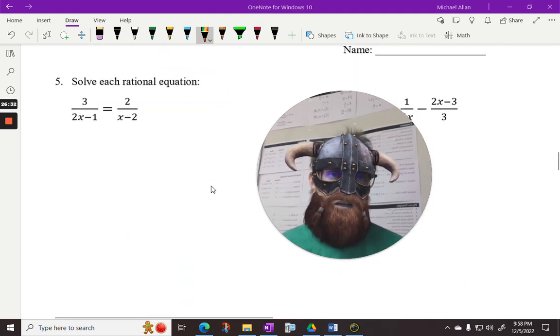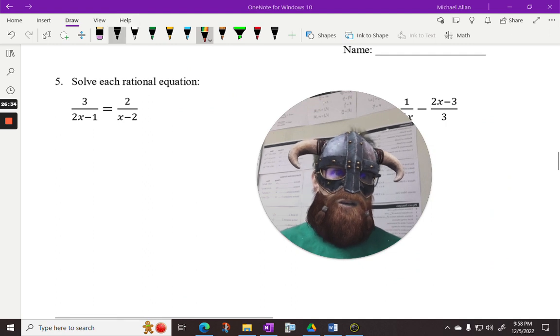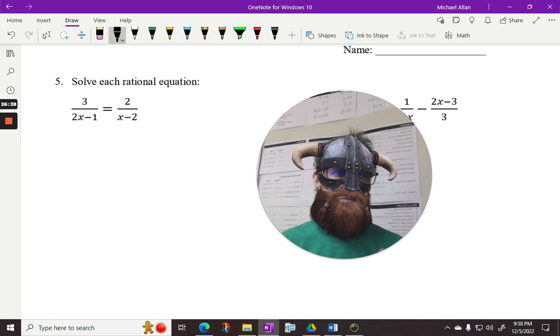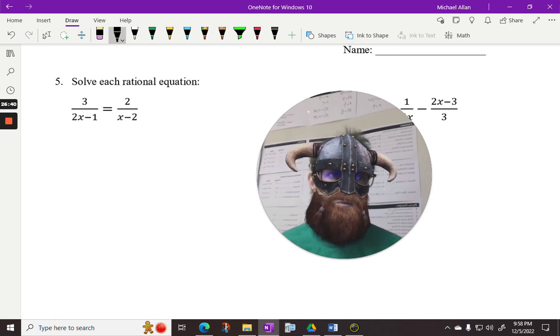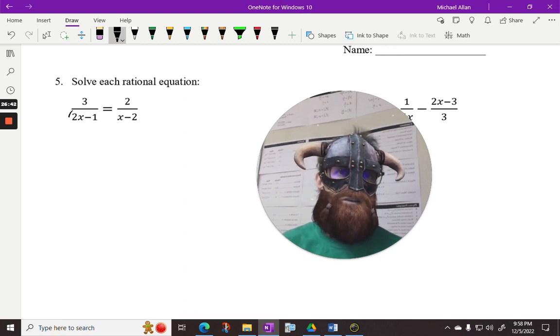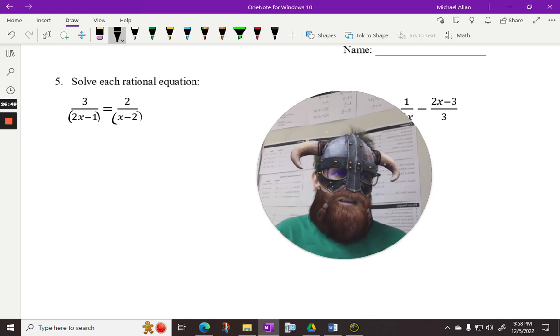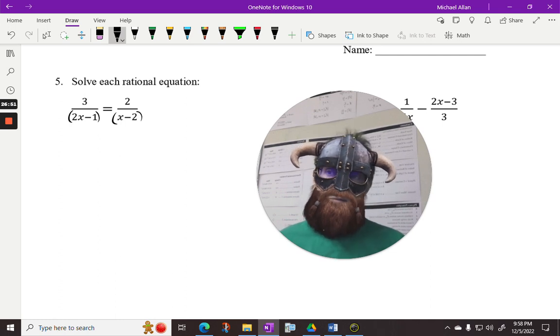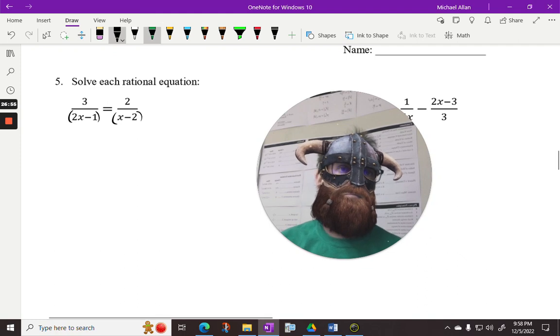So if I want to solve this one, I need to get rid of all these denominators where the x is in the denominator, because I want to solve for x. You can't solve for x while it's in the denominator. So I need to figure out a way to get rid of them. The first thing you probably want to do is factor the bottoms, because you don't want to accidentally multiply by too much. You want to multiply by the minimum amount to simplify the question down as much as possible.